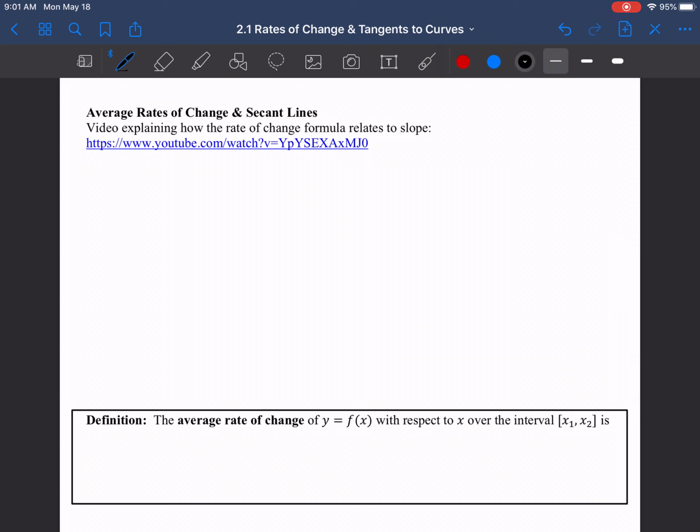But just real quick here, if we have our graph like this, and this is f of x, our vertical axis, our function, and then this is our x-axis, our input, and then the f of x is our output, and we have some curve going on.